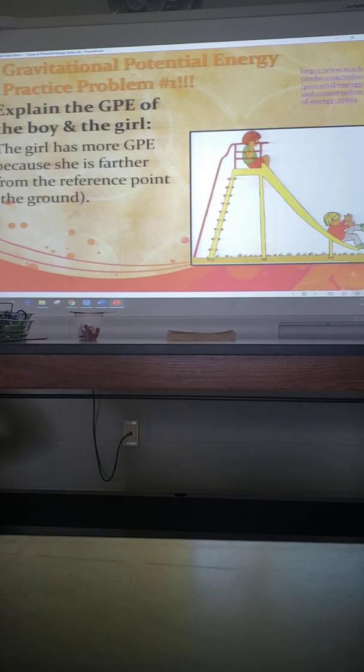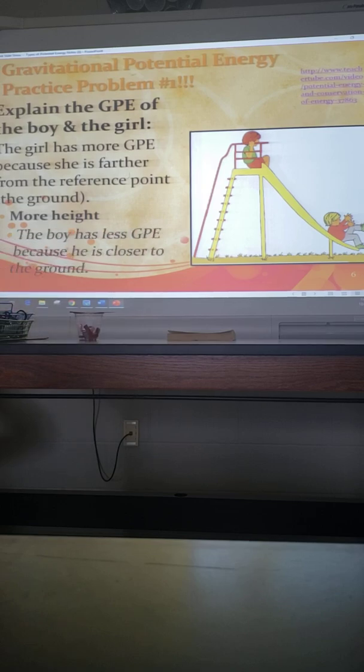Because her height is so much greater than the boy's, we can assume that would have more of an effect on the GPE than the masses. The masses could be a little off, but we can't tell that exactly. Because the girl has more height, she has more GPE. She has more ability for gravity to act on her. The boy has less because he's closer to the ground, meaning he has less opportunity for gravity to act on him.